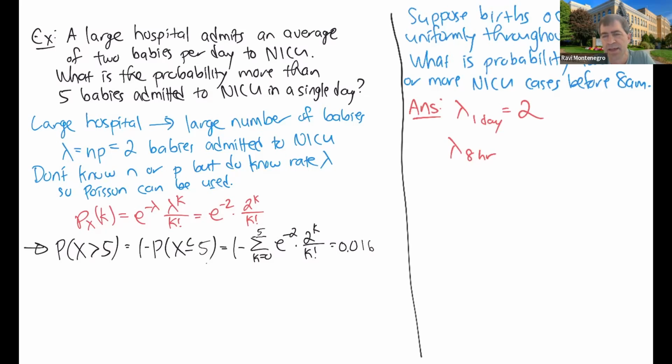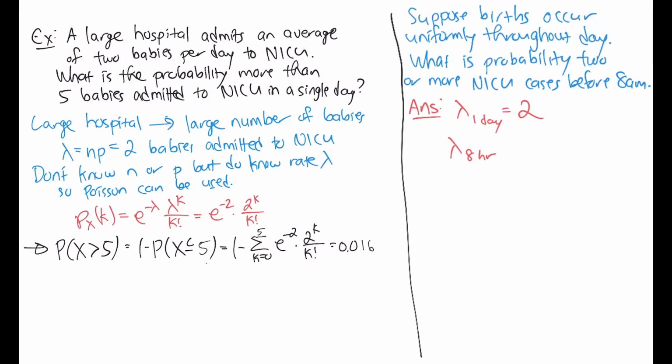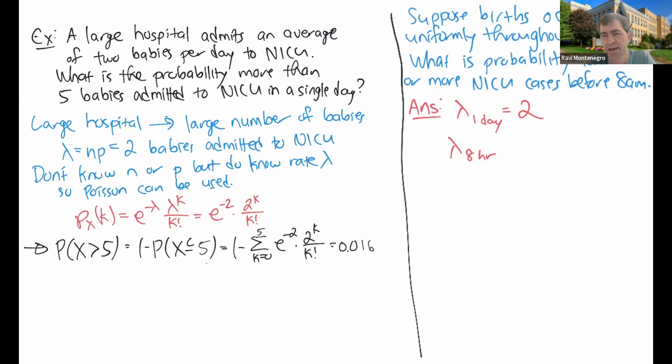So how could I take the 1 day of data and get the rate of NICU cases in an 8-hour period? Any suggestions? Divide by 3. What was that? I was thinking divide it by 3. Yeah, exactly. So we just say 8 hours is a third of a day.